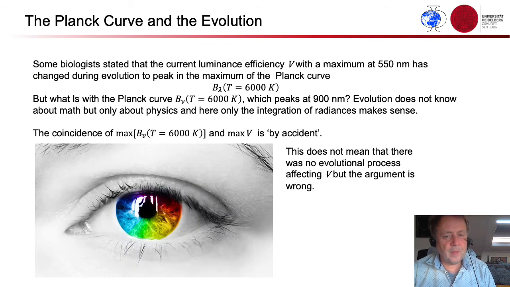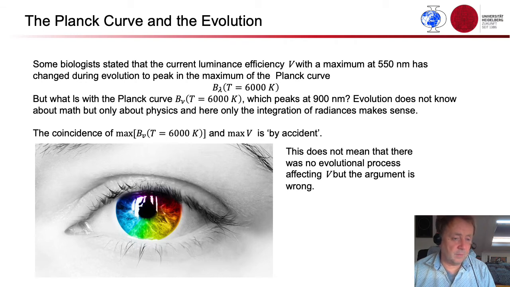So, now the point that I want to raise. Some biologists stated that the luminance efficiency has its maximum at 550 nanometer, which corresponds to the maximum of the Planck curve in frequency, because of evolution.